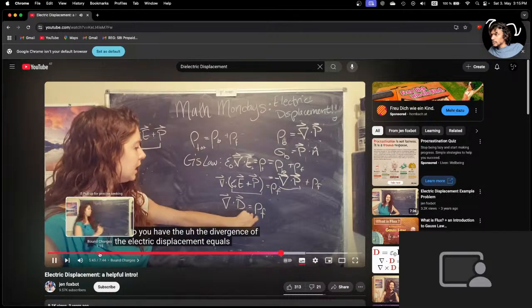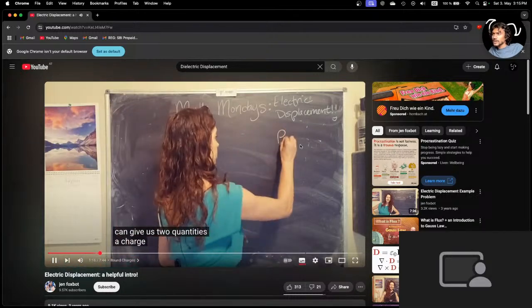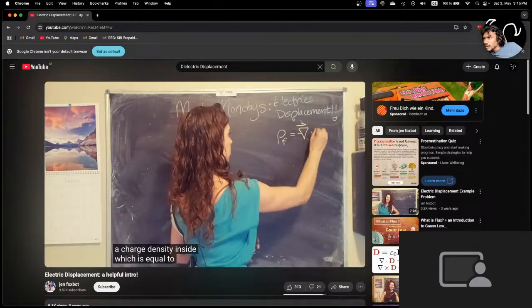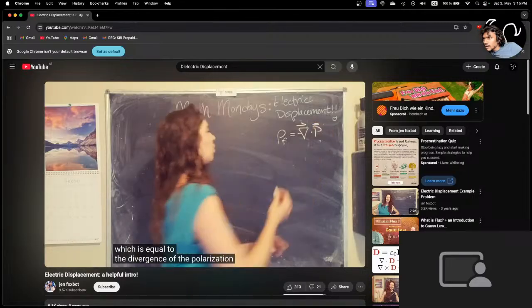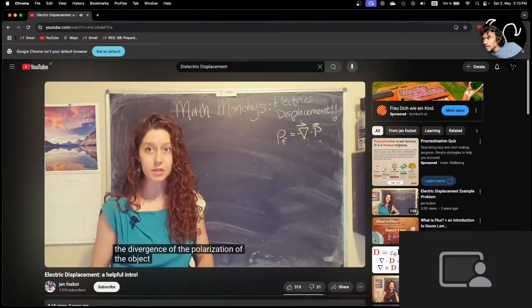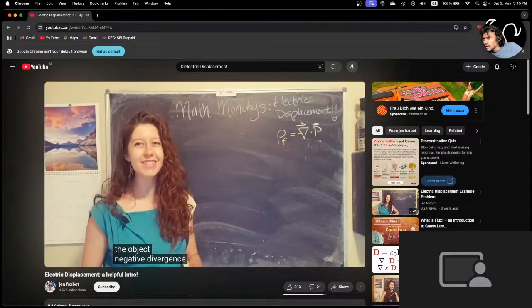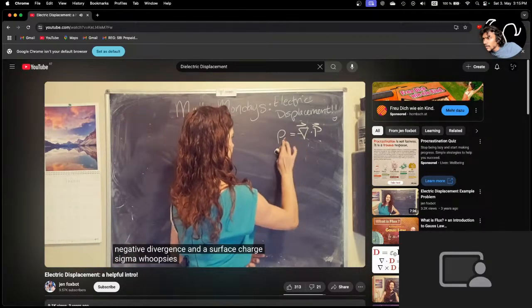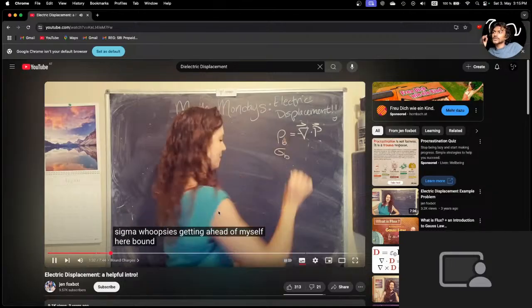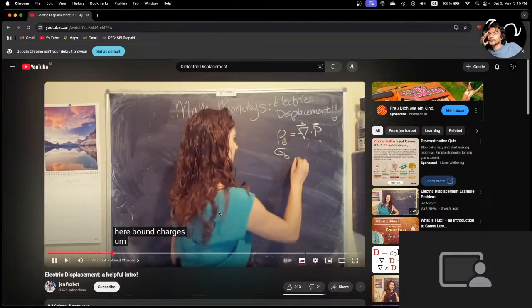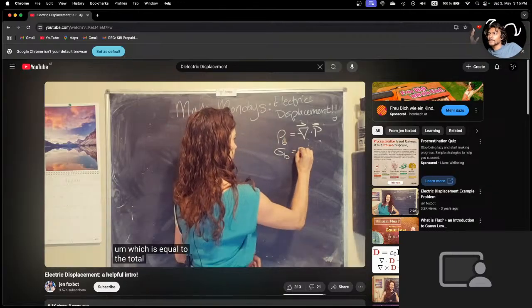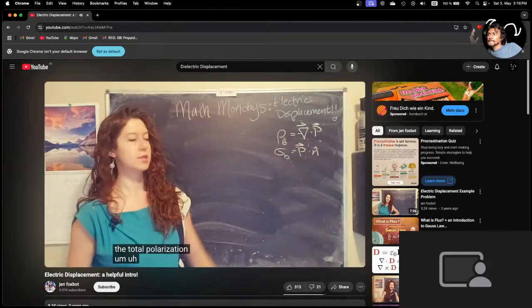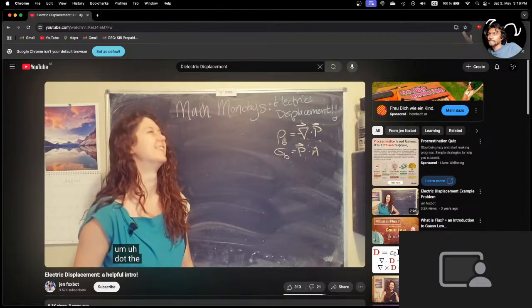I need to know what the meanings of the first terms are. Surface charge is for the capacitor plate, I guess, right? Yeah.